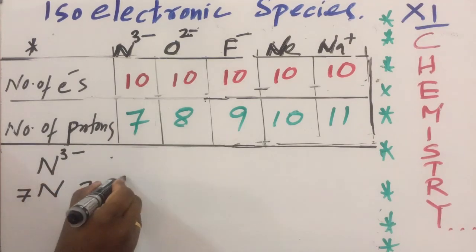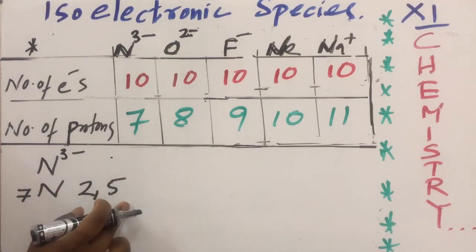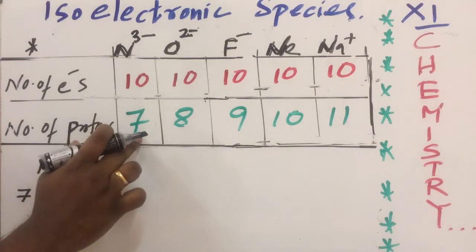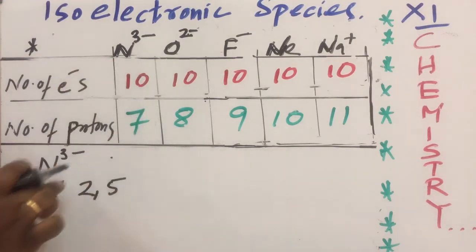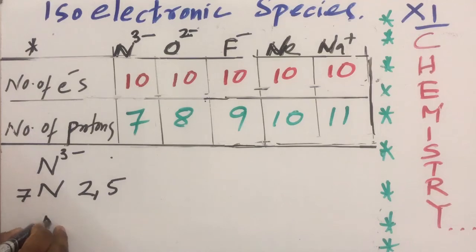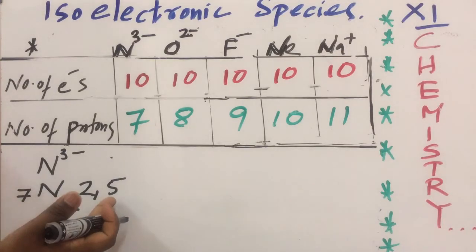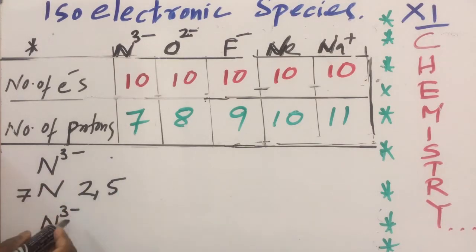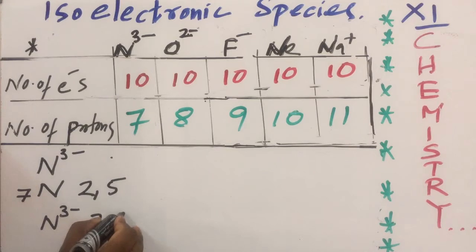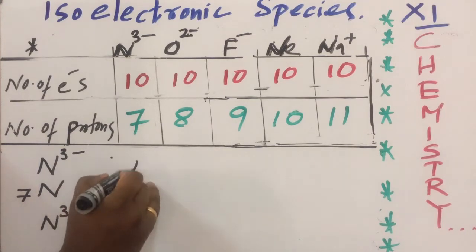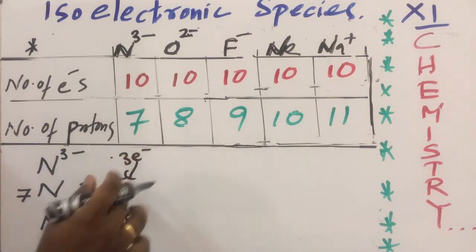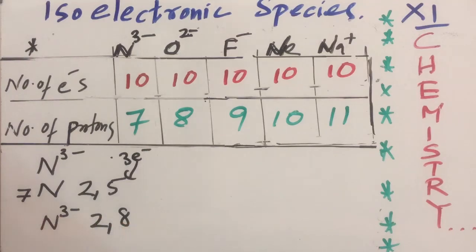Electronic configuration is 2,5. 7 electrons. 7 protons, 7 electrons in nitrogen. When nitrogen receives 3 electrons, it becomes 2,8, for stability. And this condition is called N3 minus.